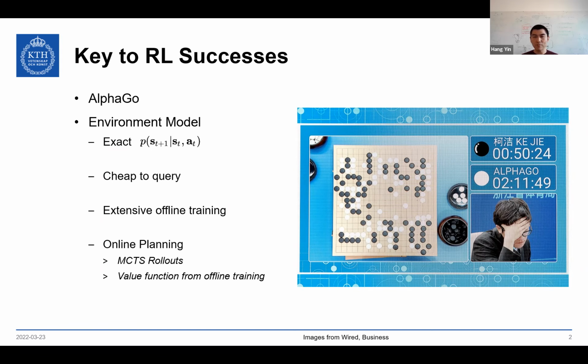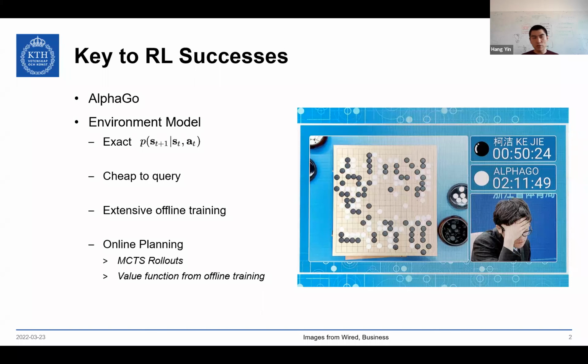That proved to be very efficient. Even when the problem looks as complex as Go, and people usually say, oh, you have as many possibilities as the number of atoms in the universe, we still show that if you throw enough computational resources at this kind of offline training, you can manage that.